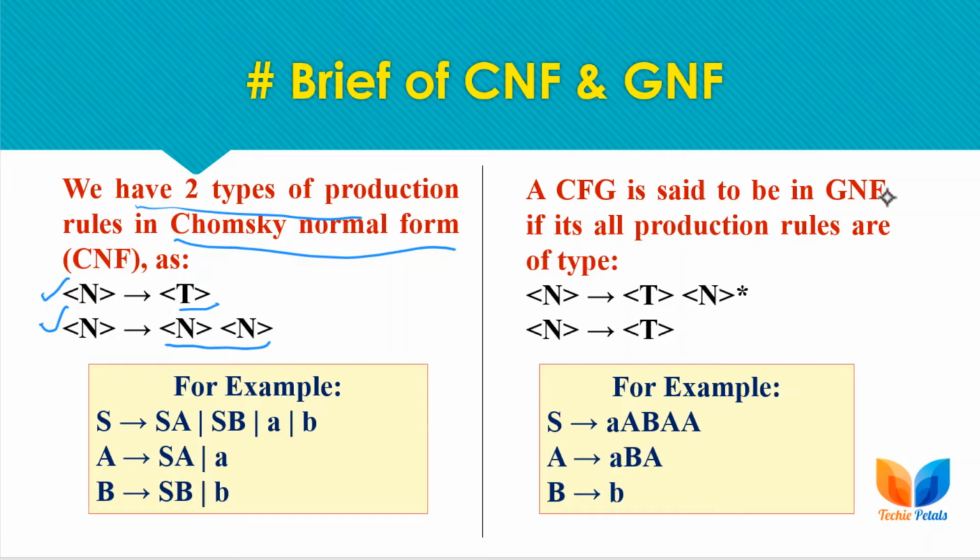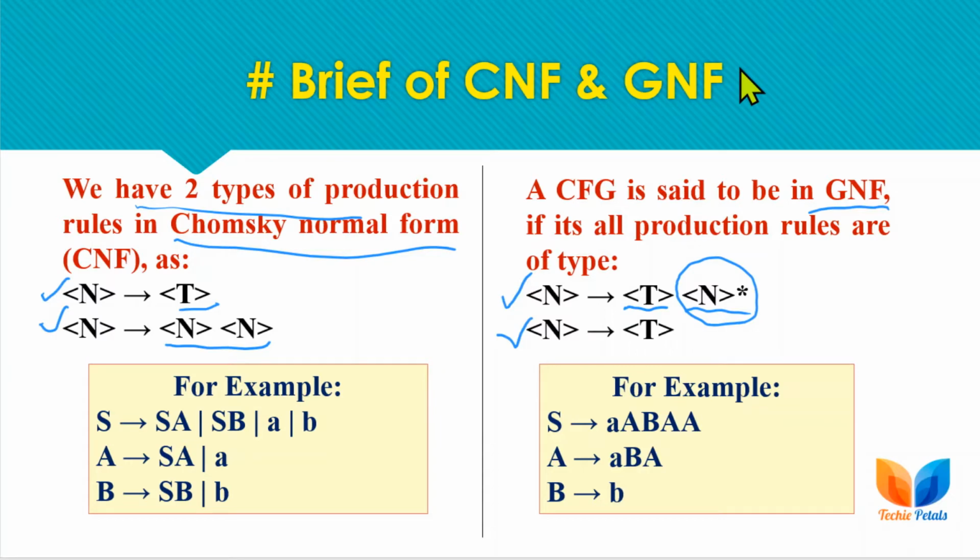Same way in the GNF form, we have another type of format, that is, a non-terminal can derive a terminal followed by a string of non-terminals. This string of non-terminals can also be null, so if we do not have any non-terminal following the terminal, then the non-terminal can also derive a single terminal. So these two types of rules are possible in GNF form.